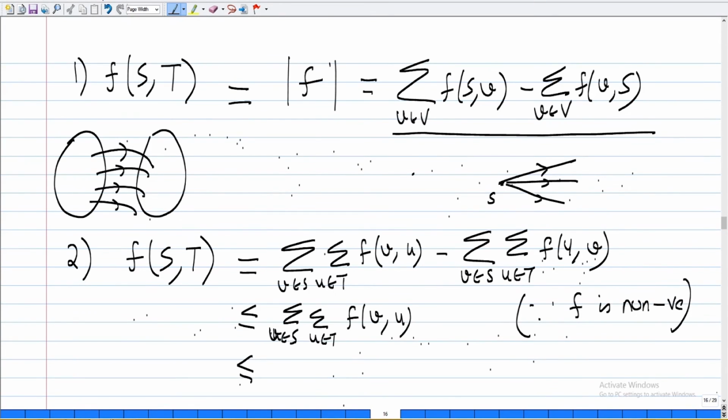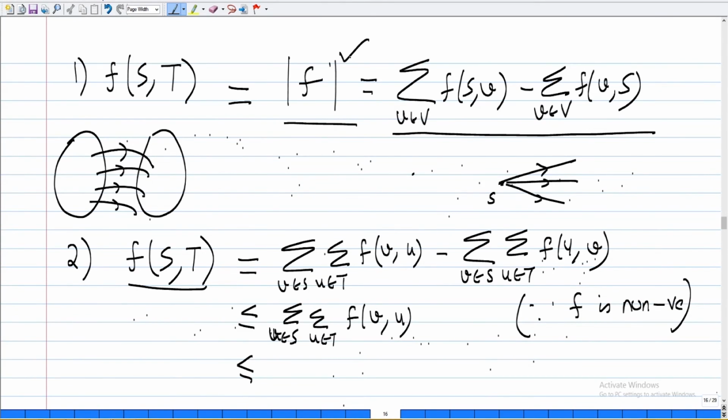Actually, this is also less than or equal to, can you guess what would be the natural next step? Recall, we want to place an upper bound on this, and I have convinced you that I am going to prove that these two are equal, and I am interested in an upper bound on this, because I do not know if the Ford Fulkerson algorithm will keep growing up to infinity. So I want to prove an upper bound.